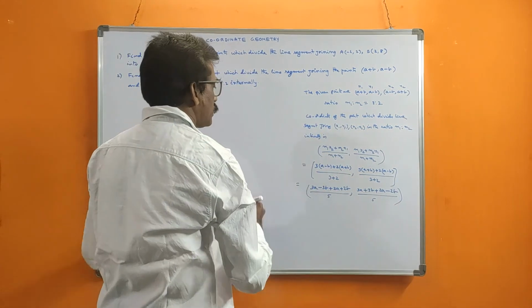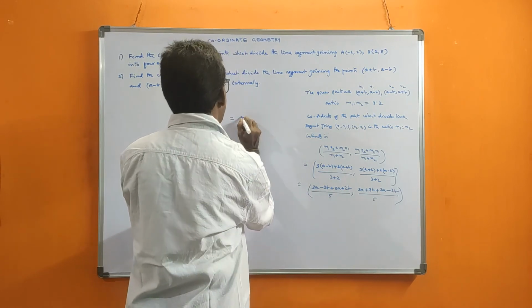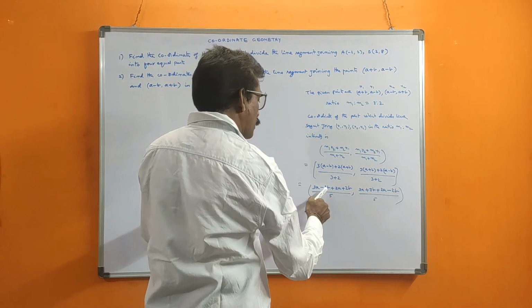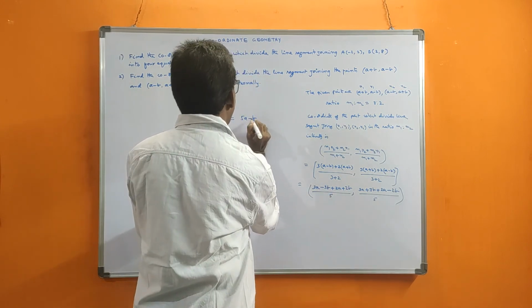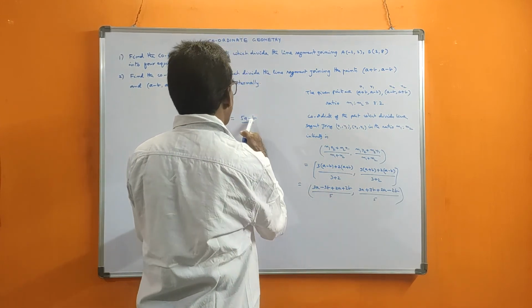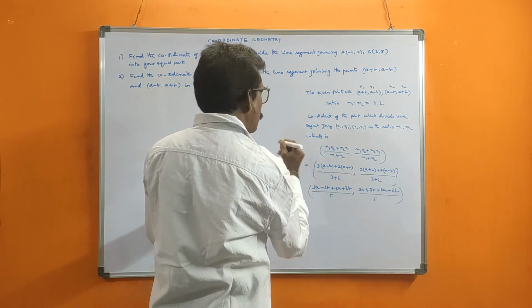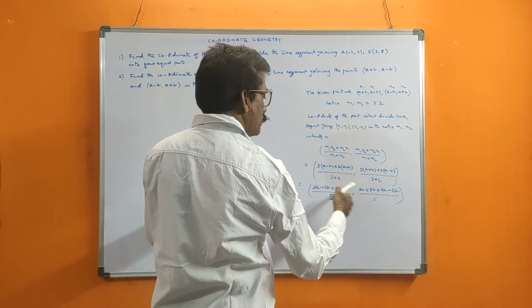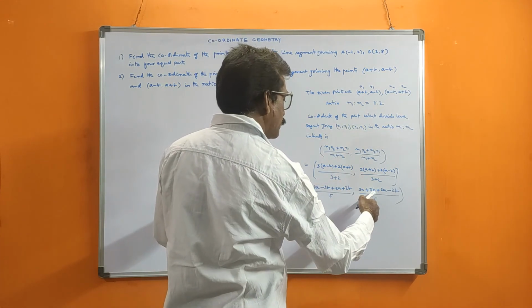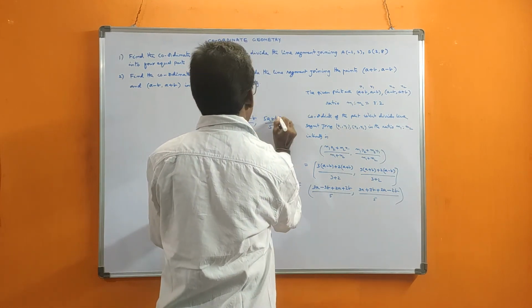If you simplify, a is 5a, both are plus. But for b, minus is there and plus is there, and minus is bigger, so minus b. Here the a values are both plus, so we add, but for b values, 1 is minus and plus is bigger here, so b by 5.